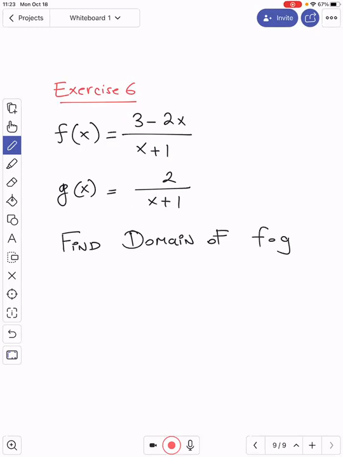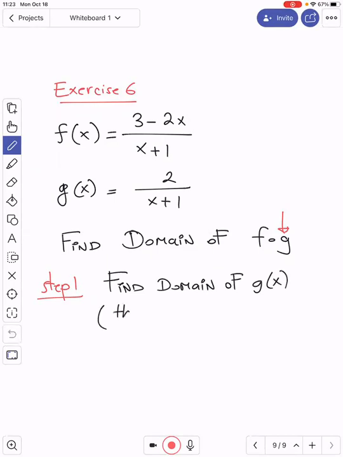All right, guys, so the steps here. In the first step, you start with the domain of the second function, which is g. The g is the second function right here. So step 1, you need to find the domain of g, because that's my second function.